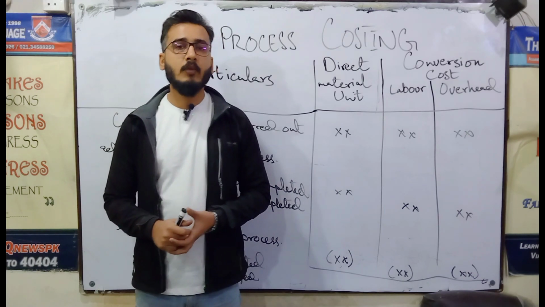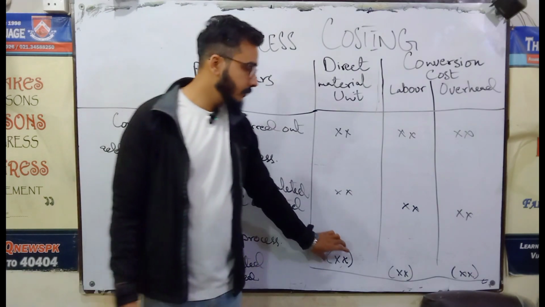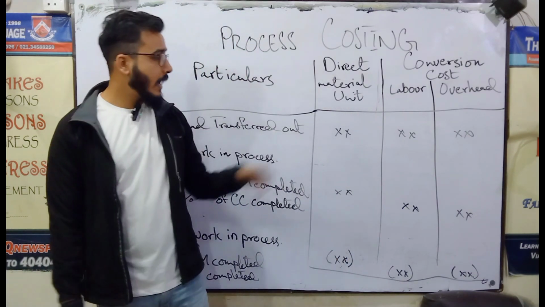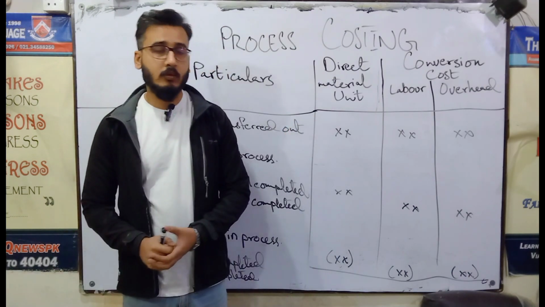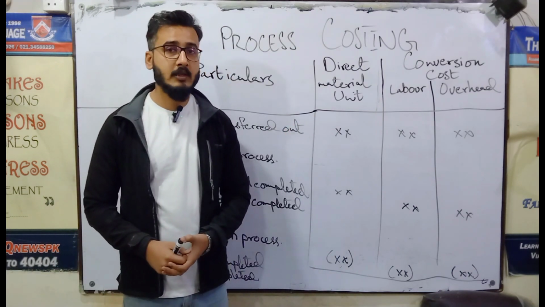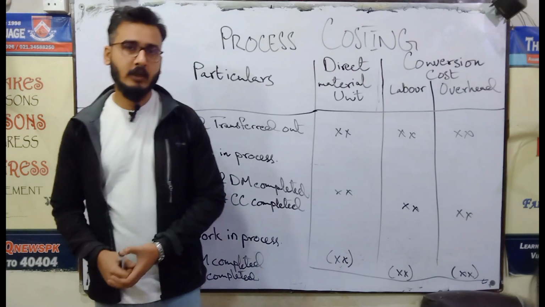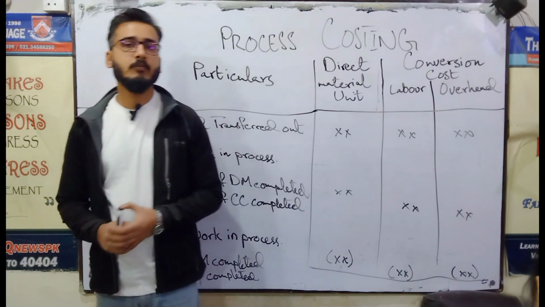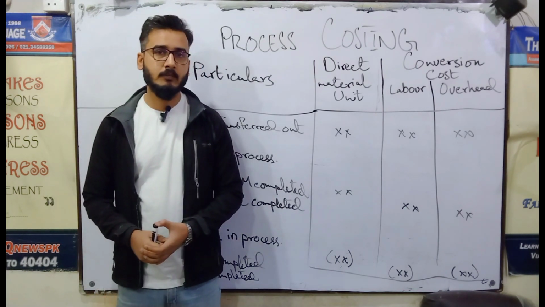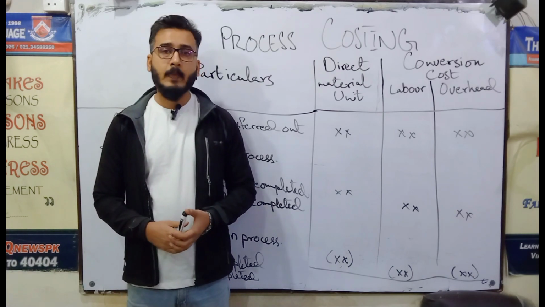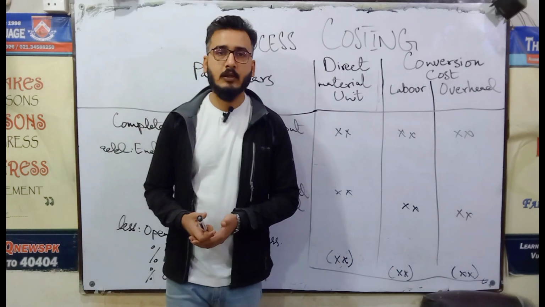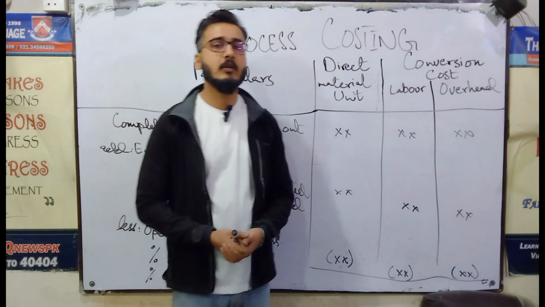That is why we will deduct the opening work in process. In this way, by adding the ending and deducting the opening work in process, we will get the equivalent production units. Now, let us see how to calculate a complete process costing question.